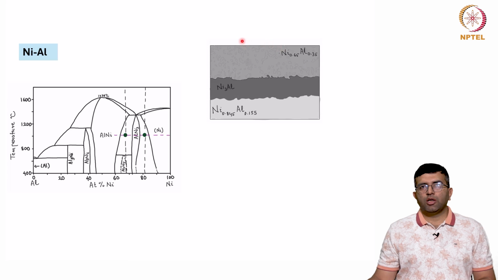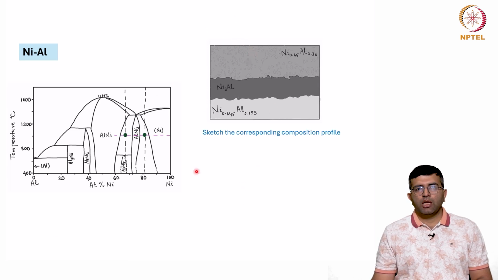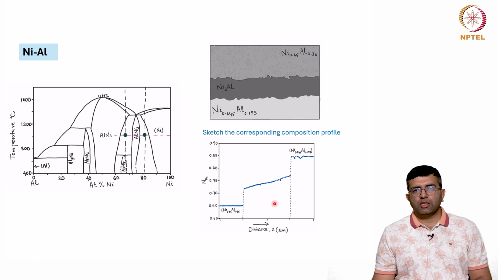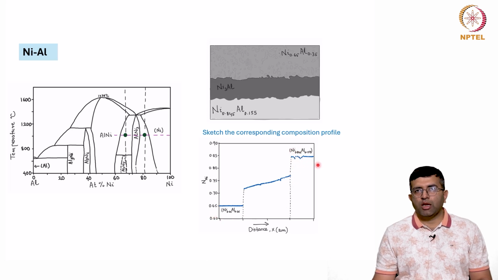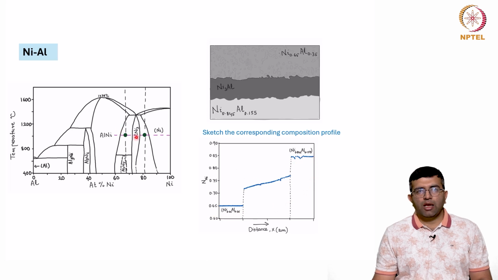Now, if we see how we draw the composition profile, it looks something like this. You notice here that it is not going to pure nickel or pure aluminum, but it is going to the alloy composition, and Ni3Al has a relatively wider range.